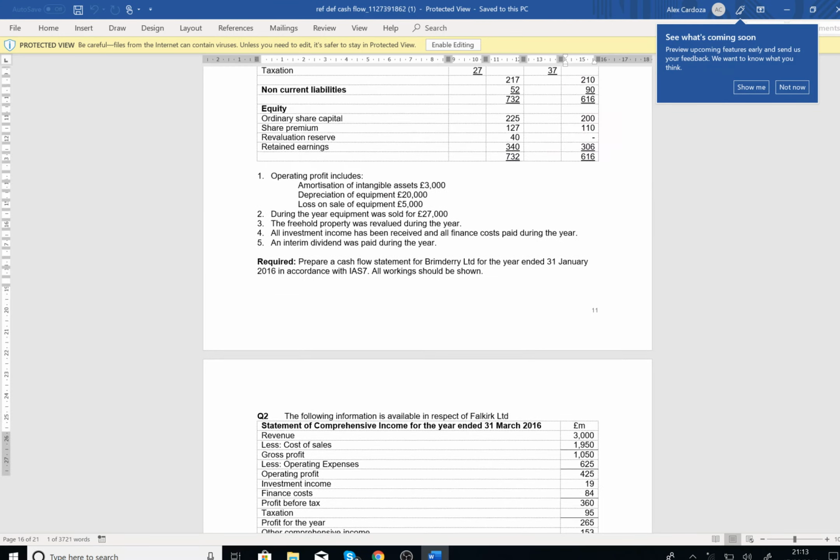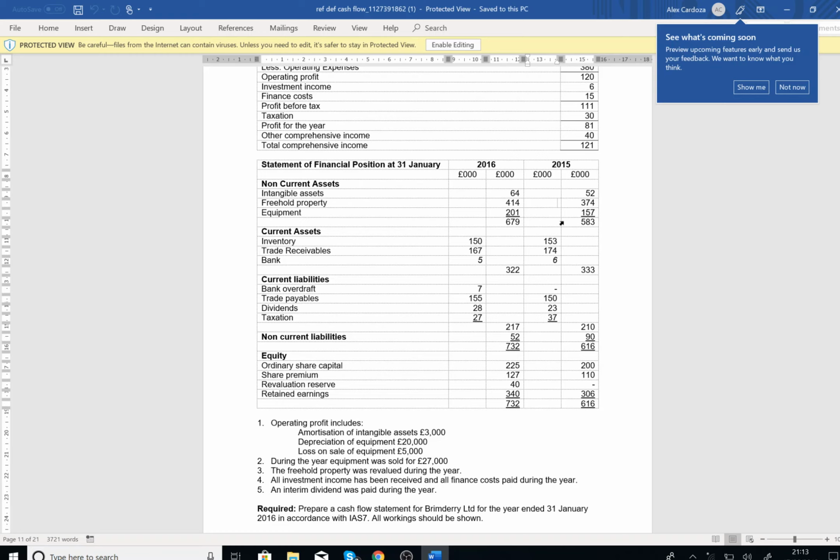So to the 64, you would go 64 plus 3 minus 52. Therefore, as amortization was 3,000, you must have added 15,000 into intangible assets, meaning that you've spent an additional 15,000 in cash on intangible assets. So you add that amortization, and it's the same with depreciation, because remember, they are not cash expenses.